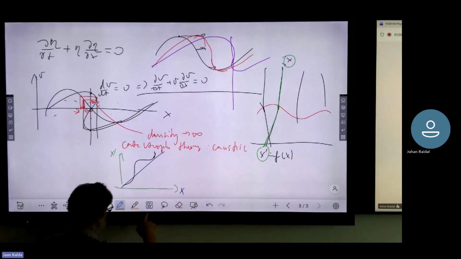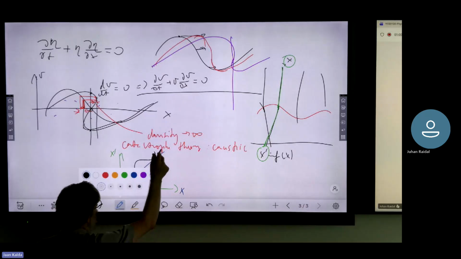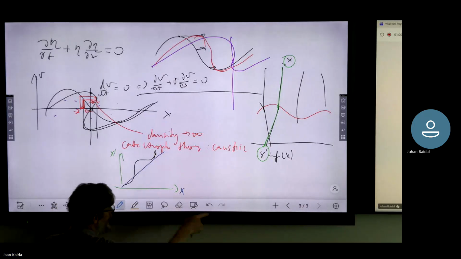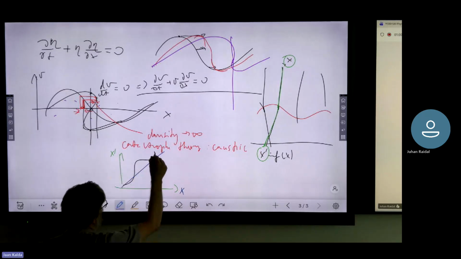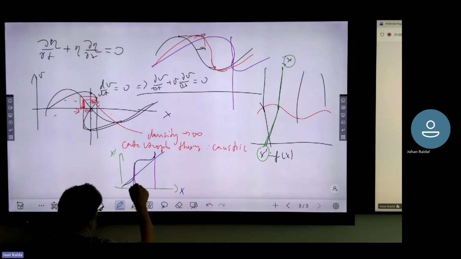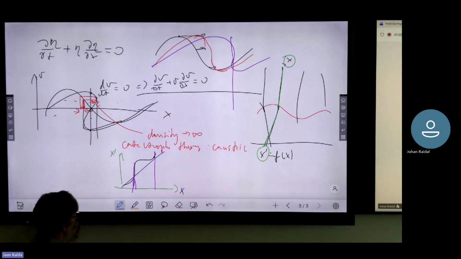We have derivative goes to infinity. So here we have going to infinity, maybe here as well, and maybe here as well. Maybe here, yeah. So here we have singularity here, singularity over there at those positions.